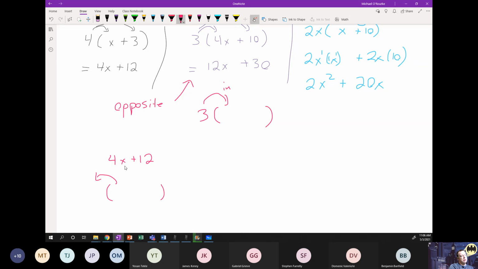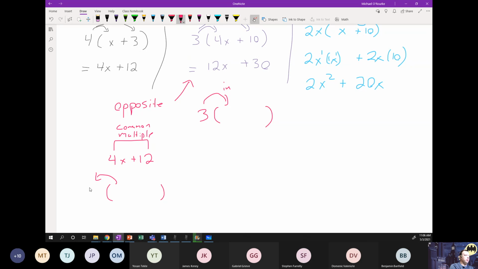Okay? So if we look here, we look for 2 things. First thing we look for is the numbers. Okay? And is there a common multiple? Is there a common multiple with those 2 numbers? In this case, it's a yes. What's the common multiple? A 4.